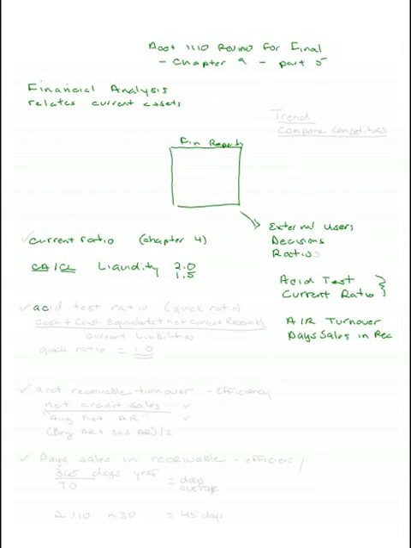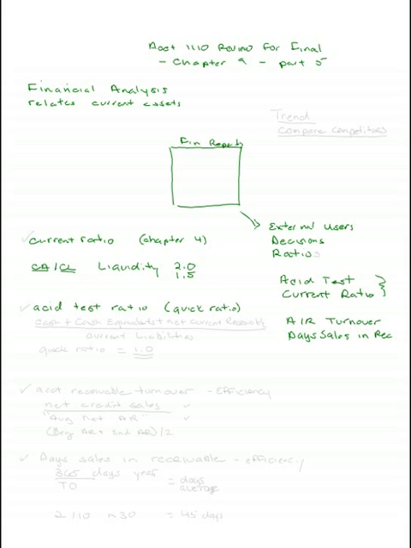Let's compare that to the more stringent test, the acid test ratio. Just for your reference, this is also known as the quick ratio, how quickly you can get cash. It limits the amount of current assets you can use.